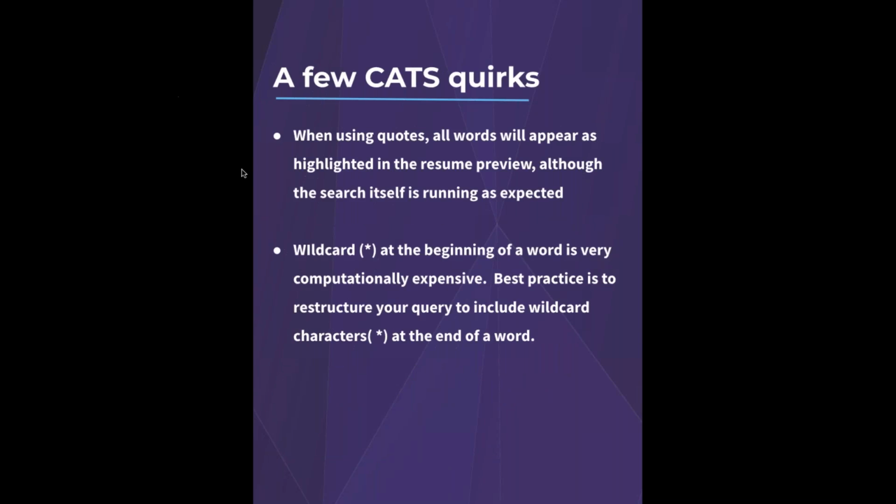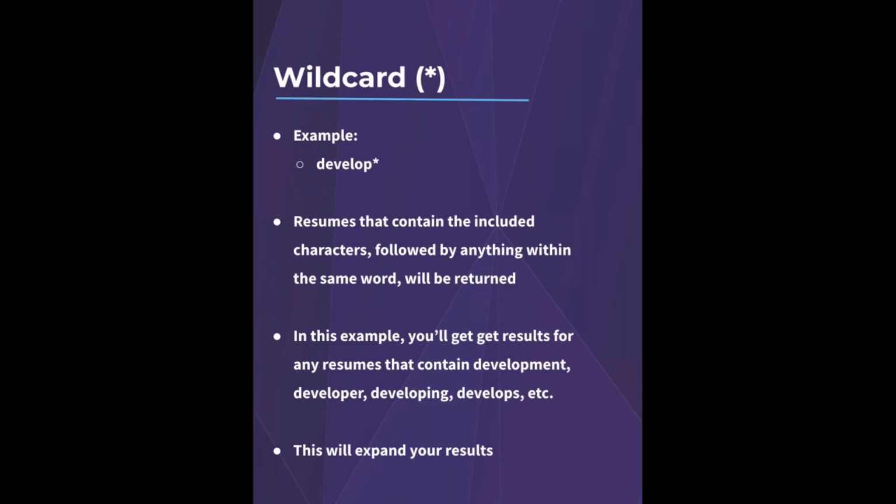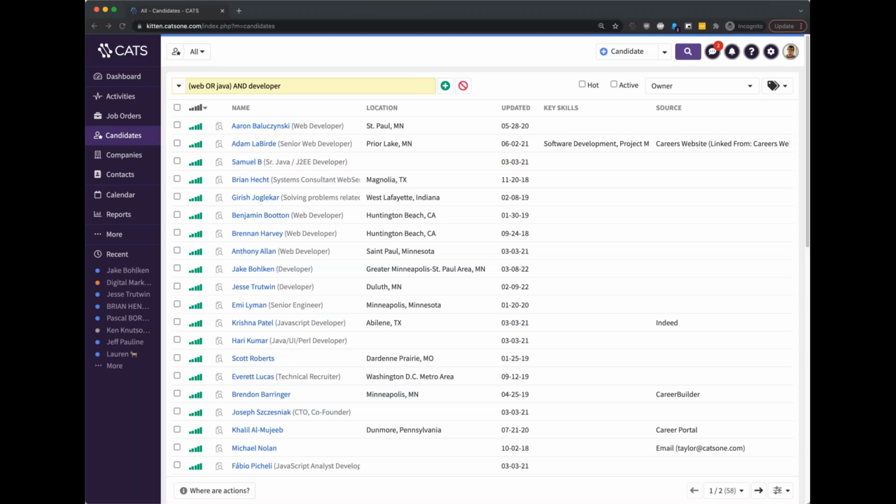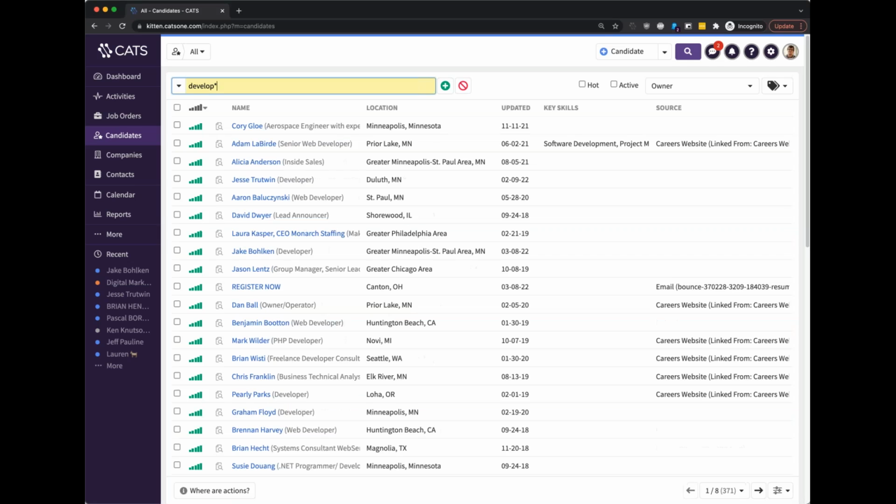We'll hop back over into CATS. All right, so again, I'm just going to type in develop, and then put the wildcard character down here at the end of it.